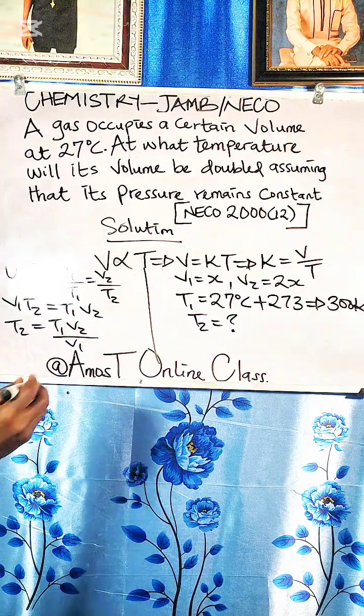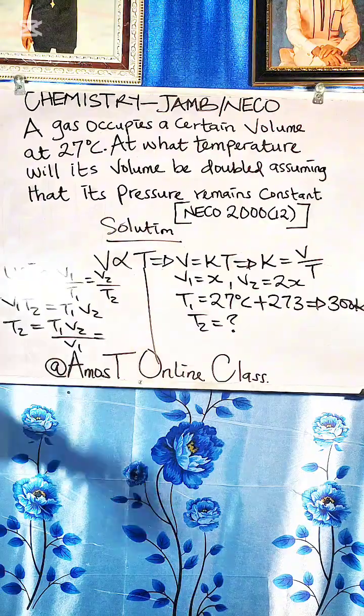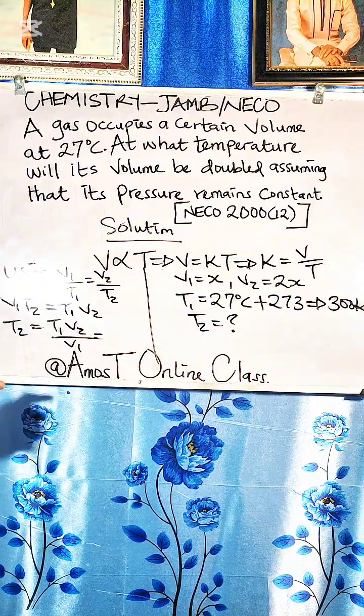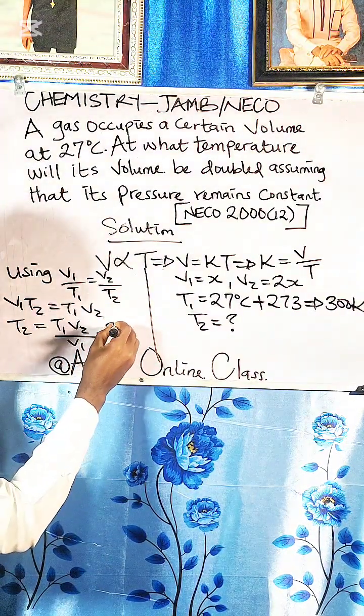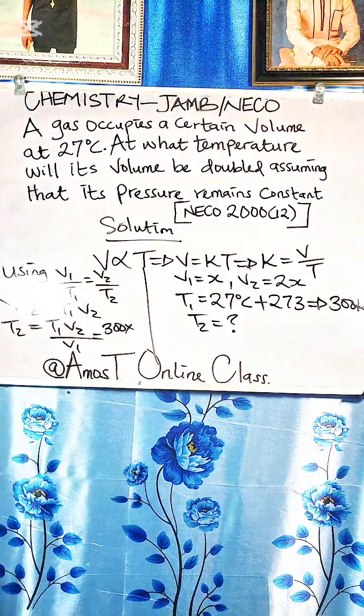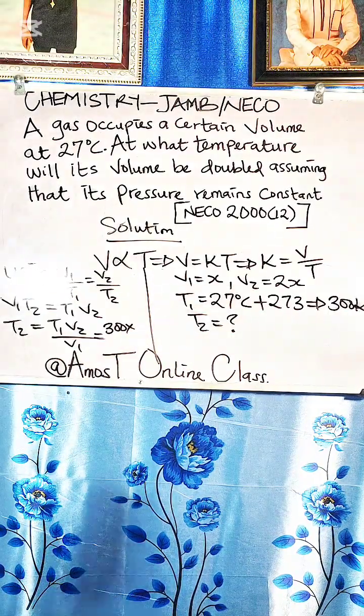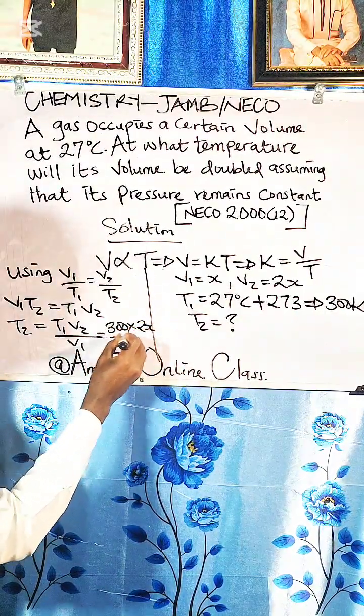Now, let's put in the values. Our T1 from the solving is 300 Kelvin. Our V2 is equal to 2X.